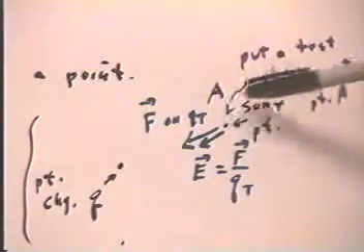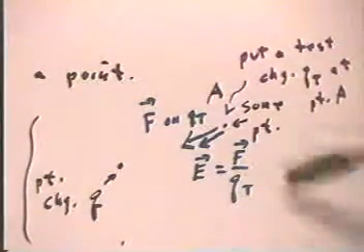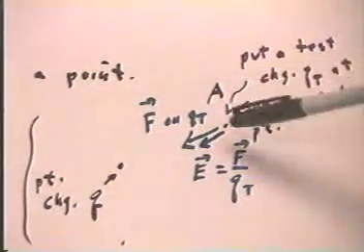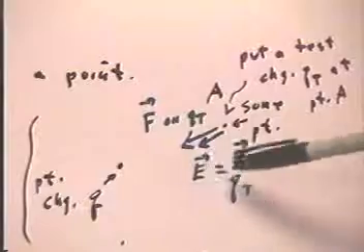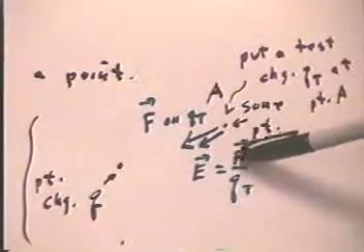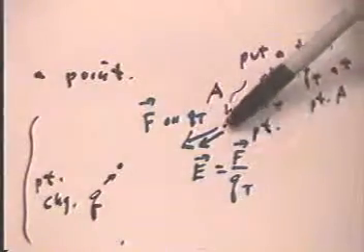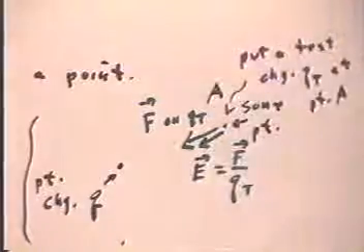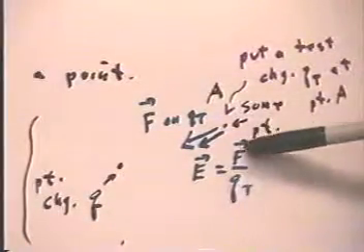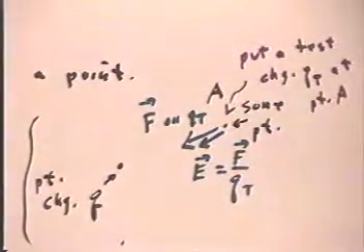We put a test charge at this point, call the test charge QT, call the point A. Then we have a force on that test charge. The electric field is just whatever this force is divided by the test charge. As a result, if we put any charge here, we can get the force by multiplying the charge by the electric field, because the electric field is just the force per charge.